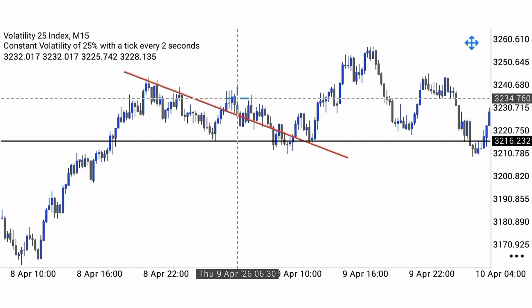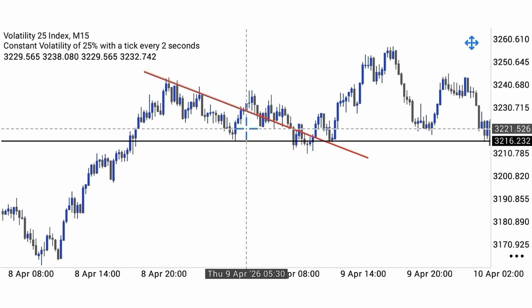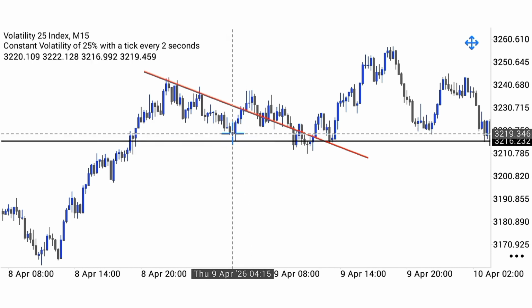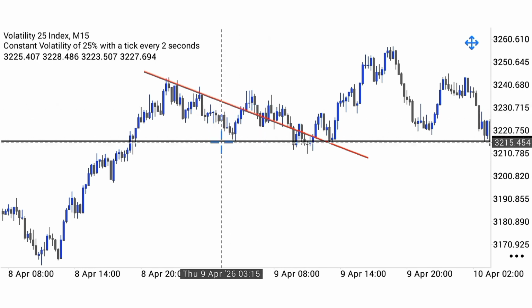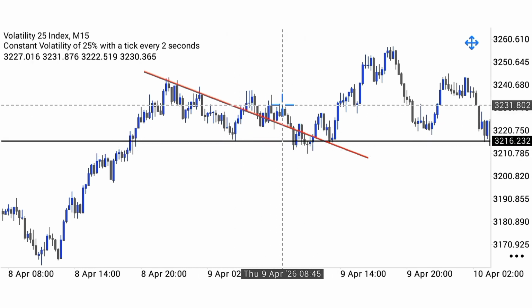So since this is the cause of the breakout, this zone here is very, very active in the market, and we want to see what the buyers are going to do when they get back to that zone.